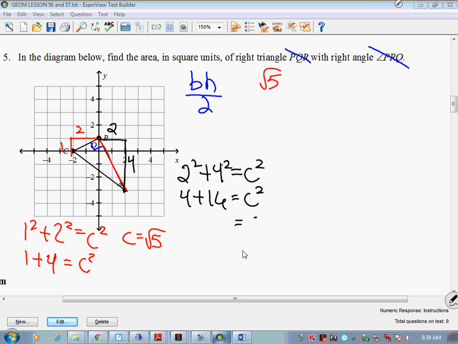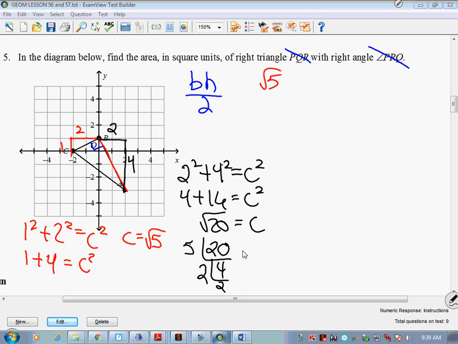What does C equal? Square root of 20. Let's simplify that if we can. 20 will divide by 5, or rather 4 and 5, leaving me with 4, 2, and 2. So what's the simplified radical form of radical 20?